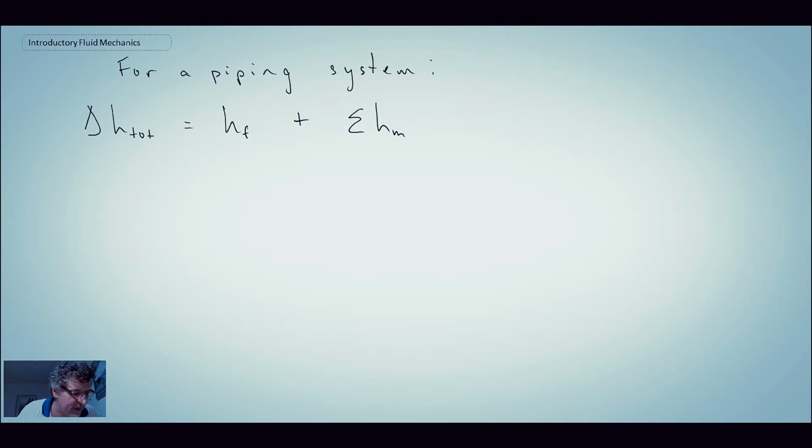Each of those will contribute to a loss. And we can then rewrite that, introducing the Darcy-Weisbach equation for the major losses, or for the loss due to shear, plus the sum of all of the loss coefficients that might exist within that system.